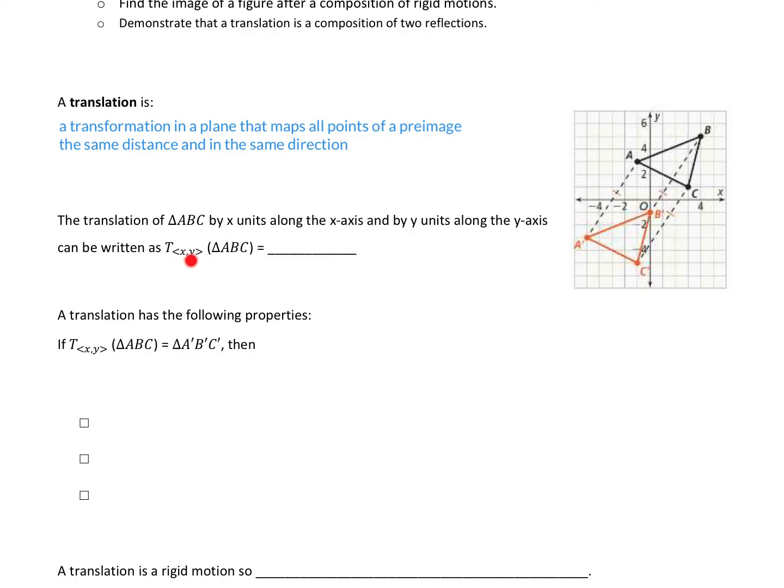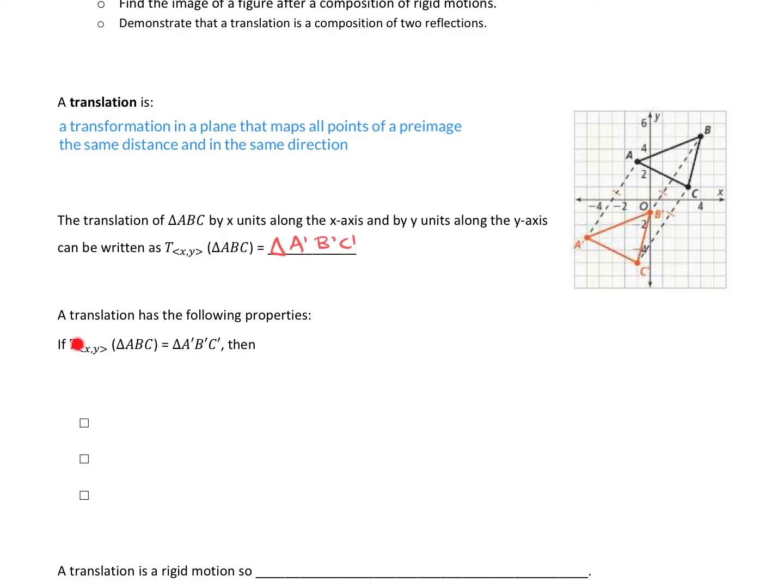Of X comma Y. So that X is going to tell us how to translate the X coordinates, and the Y is going to tell us how to translate the Y coordinates. So when you have a translation of XY of triangle ABC, it results in triangle A prime, B prime, C prime.